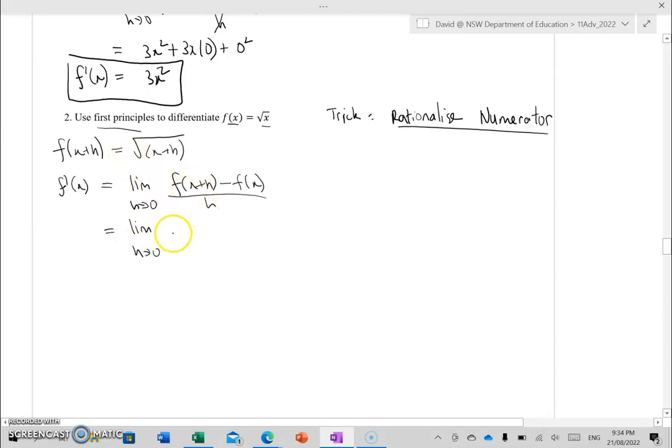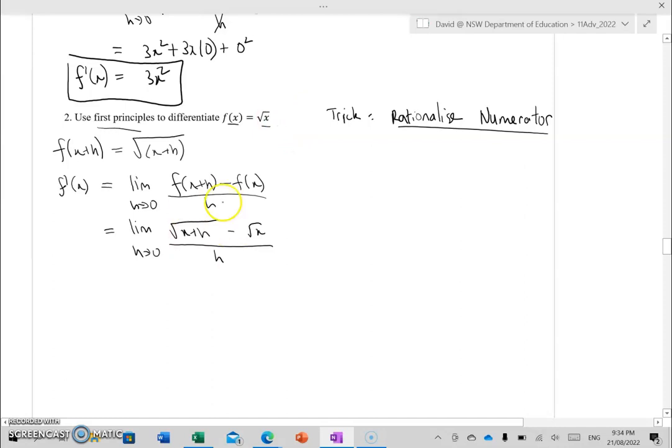F of x plus h is root x plus h minus f of x, and f of x is just going to be root x, over h. Because there's one term for f of x, you don't really need the brackets. You only really need that bracket when there's more than one term. For example, if there was a plus 5 there or something, you would need brackets for that bit.